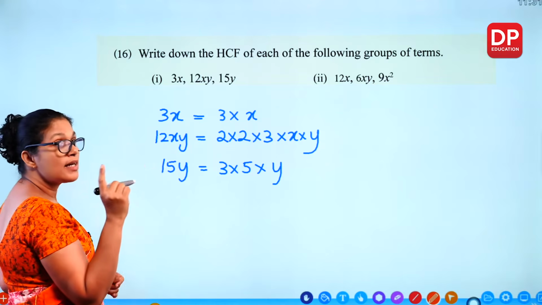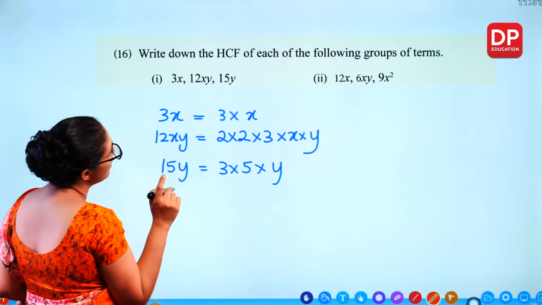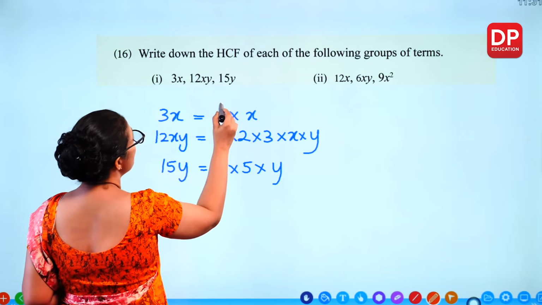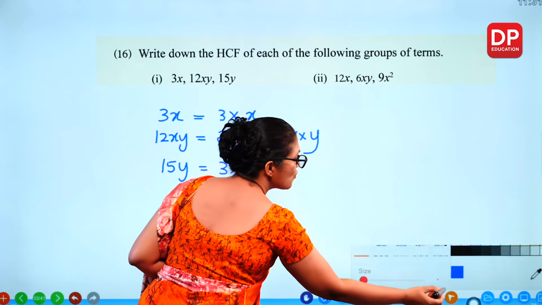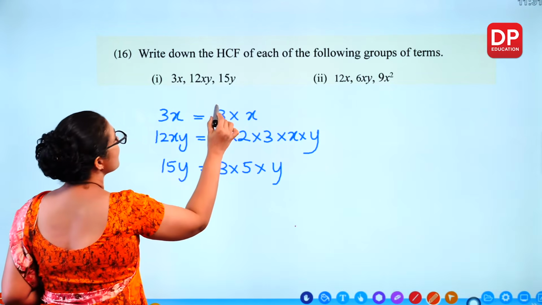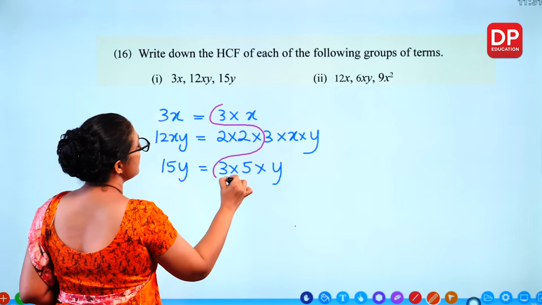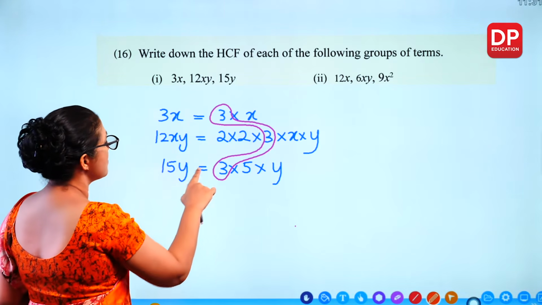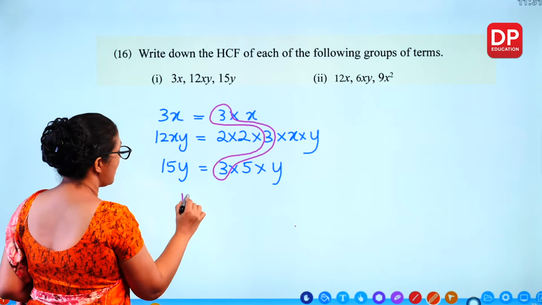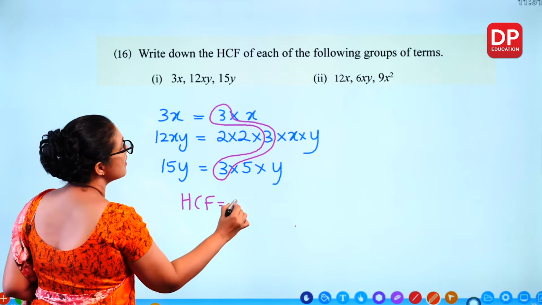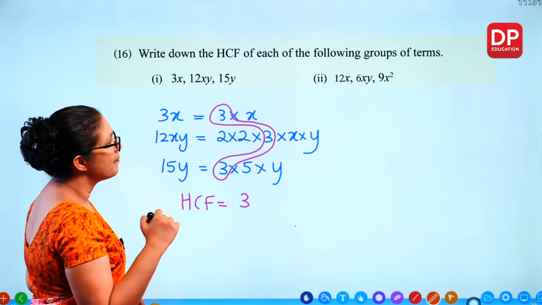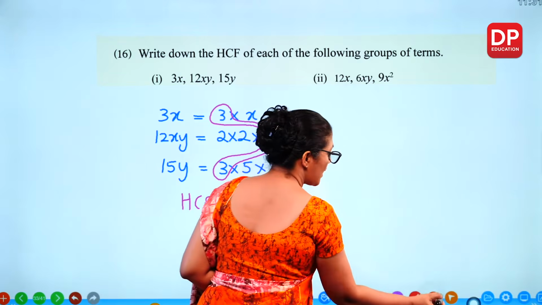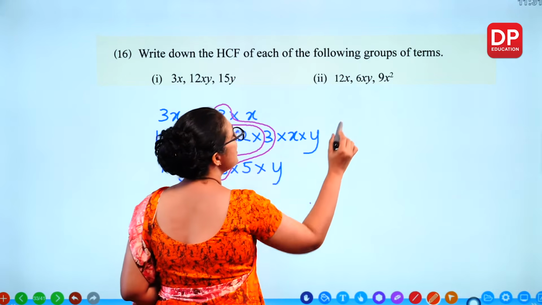To find out the highest common factor, we look at the common ones. So here 3 is common. We can take 3. That's all. X is not common. So what's the highest common factor? That's 3.